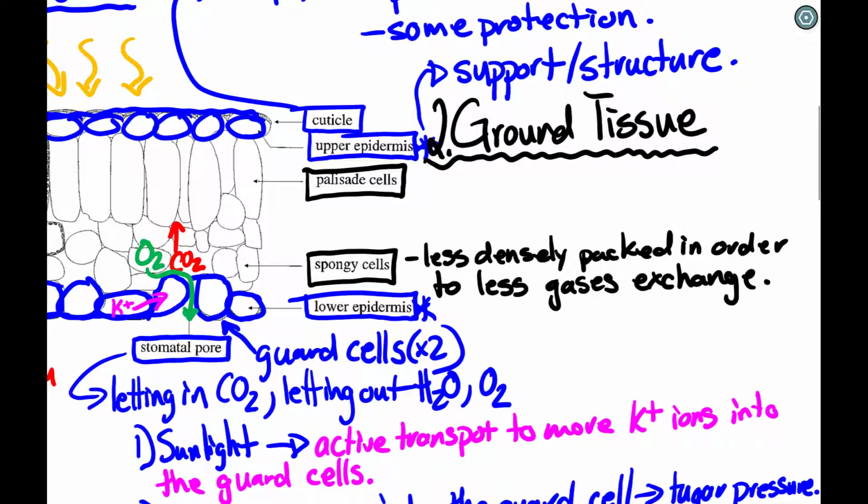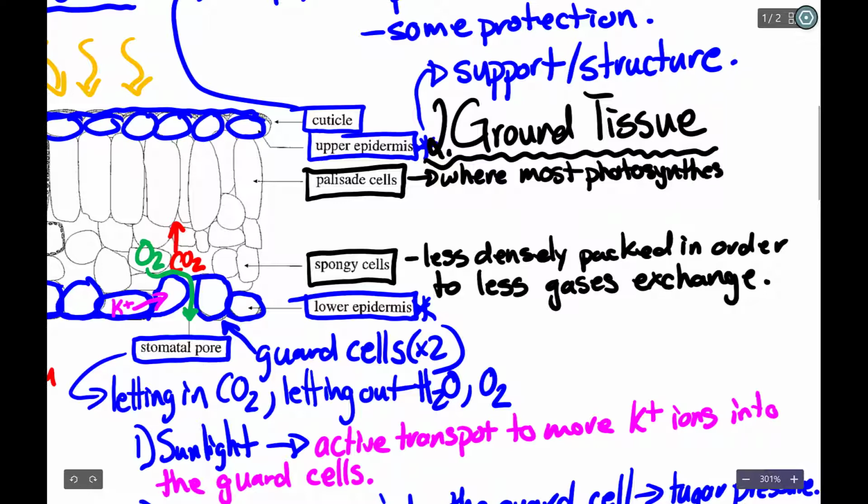The reason why is the palisade cells are where most photosynthesis is done. There are a ton of chloroplasts in this area. Just tons of chloroplasts in this area.